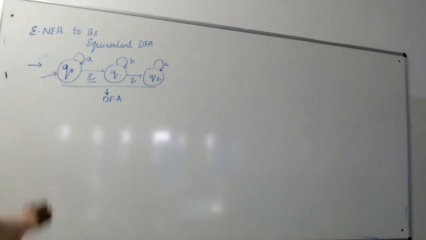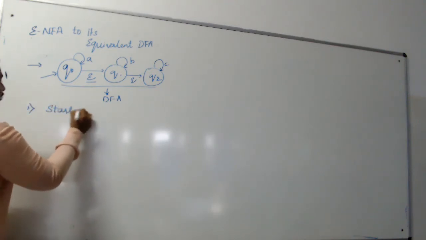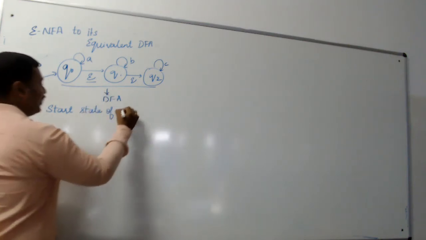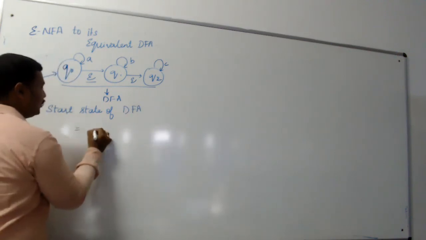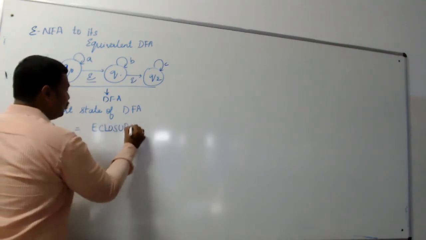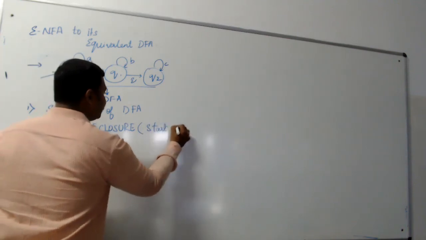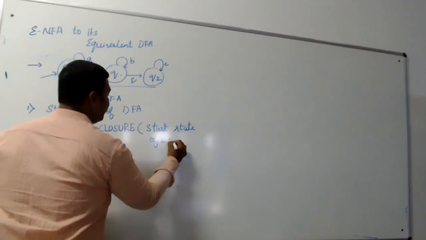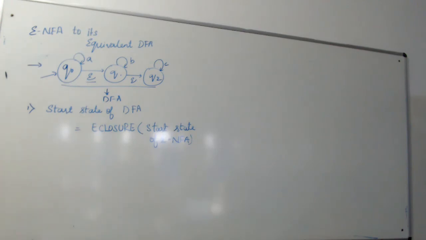The start state of the equivalent DFA is equal to the E-closure of the start state of the epsilon NFA.